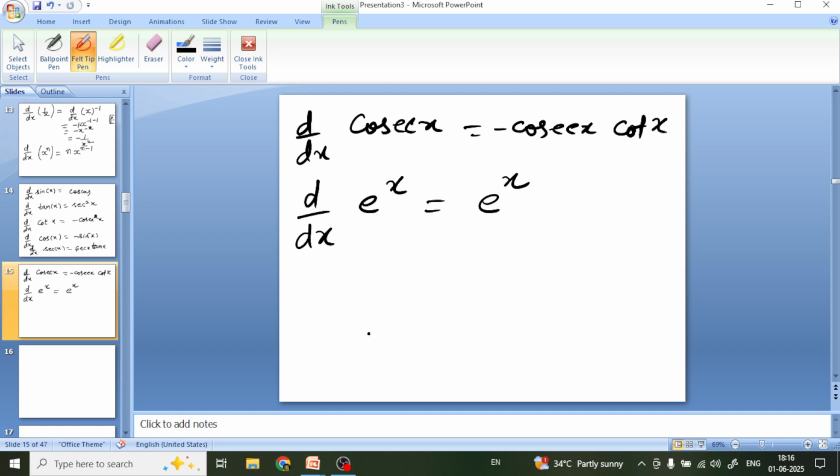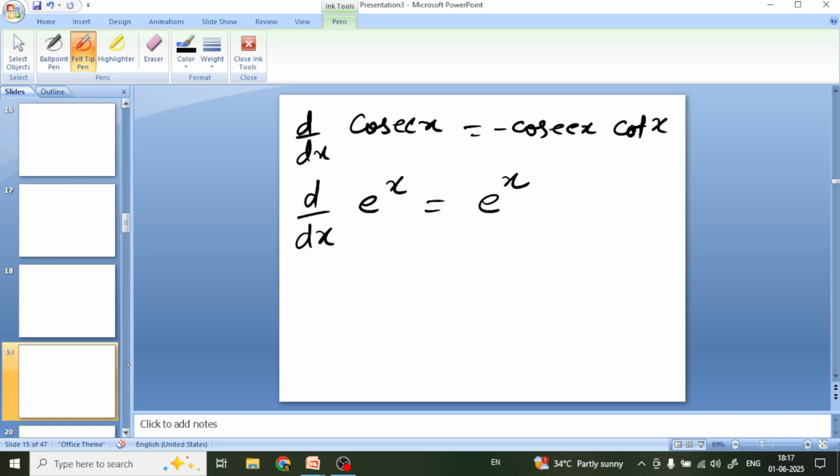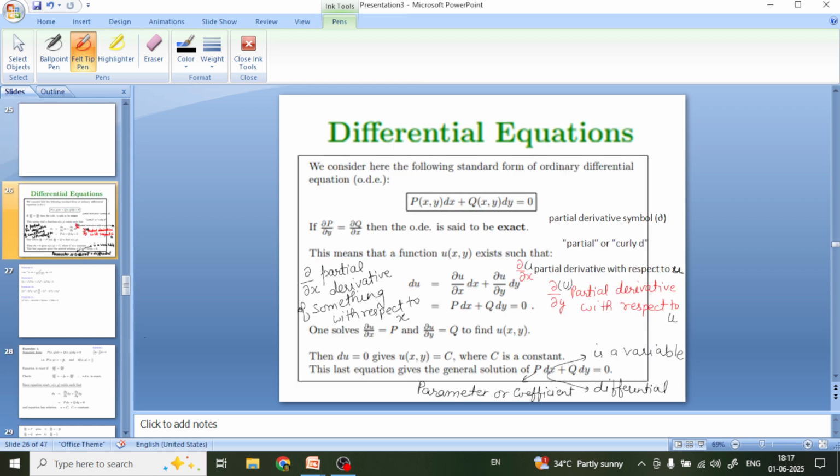You have to learn some basic formulas so that you can solve your equations. Now I am going to discuss some questions for differential equations. We consider here the following standard form of ordinary differential equation, ODE.